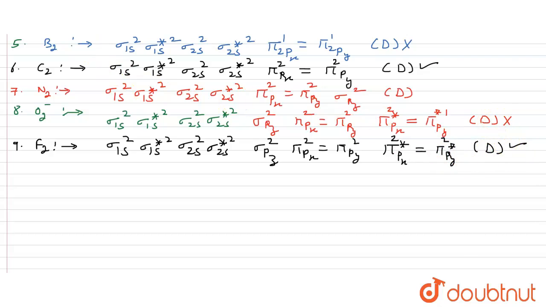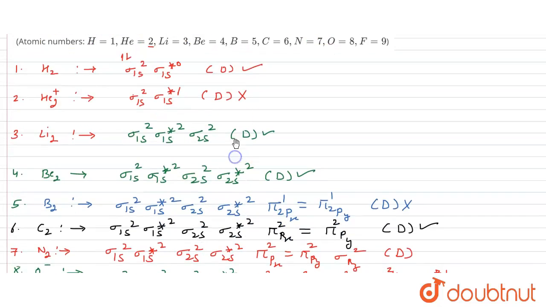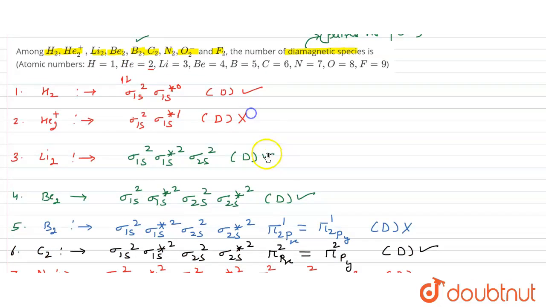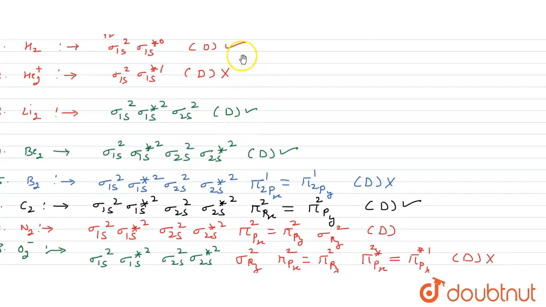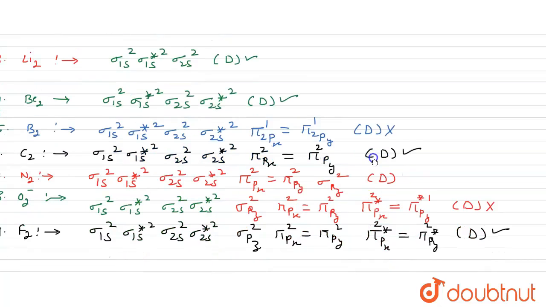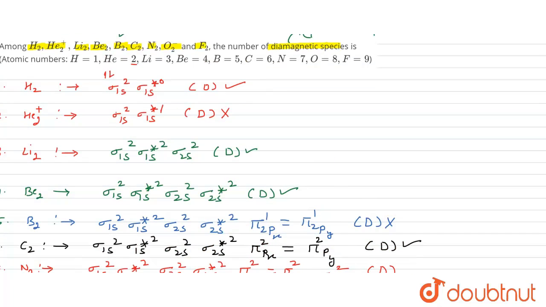So now let us calculate how many species are diamagnetic, right? So here you can see this 1, 1, 2, 3, 4, 5, right? So if I number it, let me number it. This is 1, this is 2, this is 3, right?